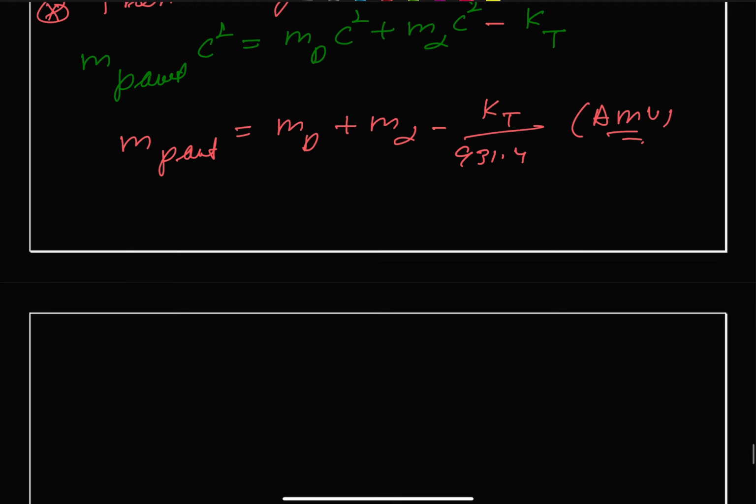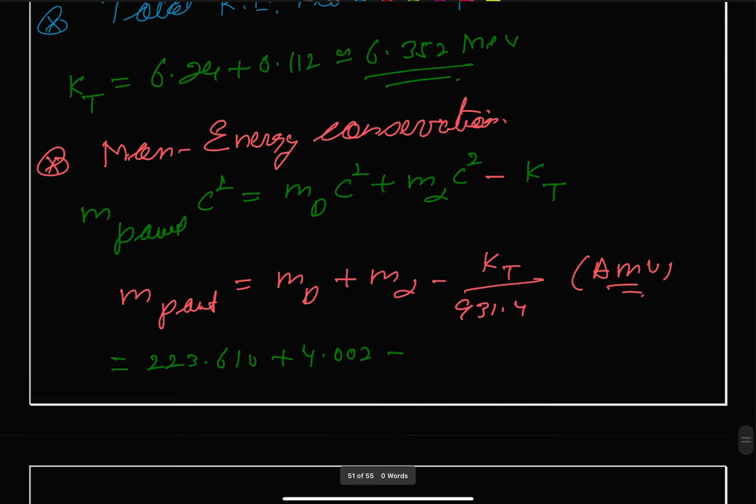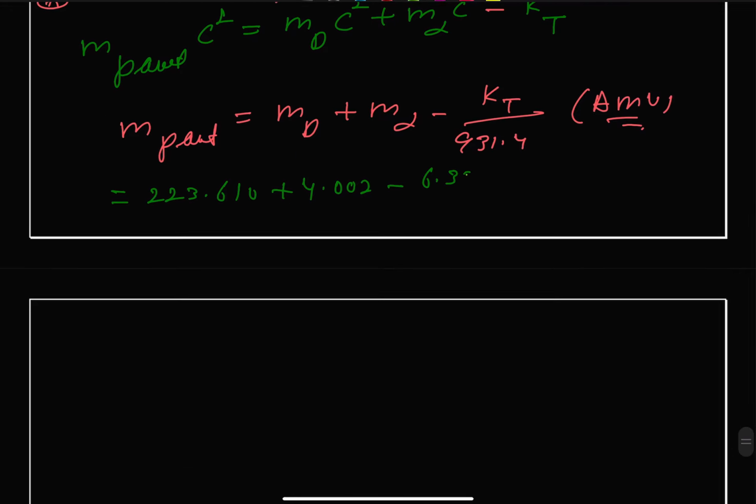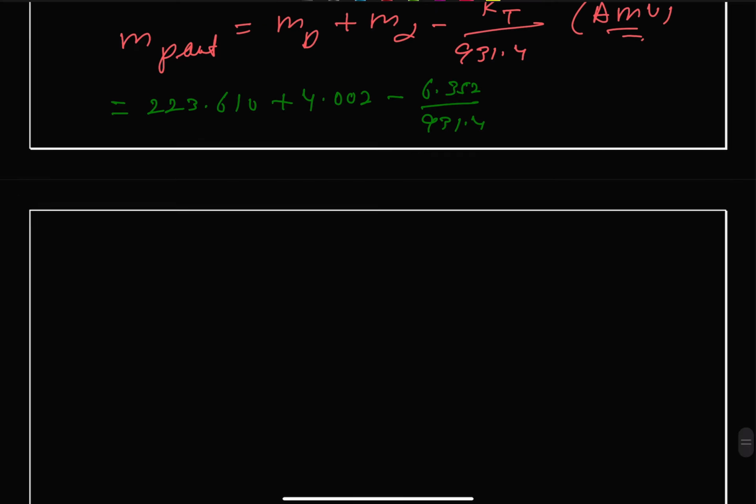So we simply substitute the values, and we get mass of daughter, that is about 223.610, plus alpha 4.002, minus the total energy we found out, 6.352 divided by 931.4. So from here we get our mass of the parent will be equal to 227.605 AMU.